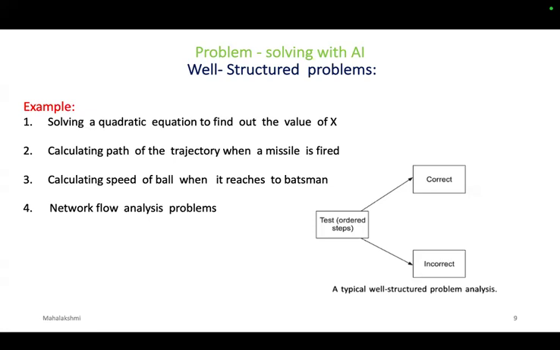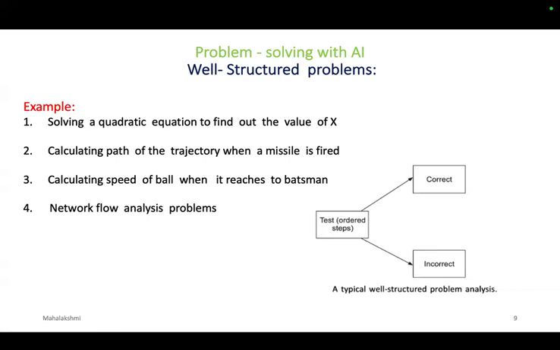So it is step by step solving the problem and finding the solution for x, and it is going to yield a particular answer. It is not going to yield other answers. Two different answers will not be considered correct answers. There will be only one correct answer. This kind of problem is called a well-structured problem.